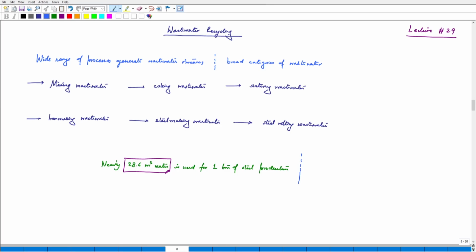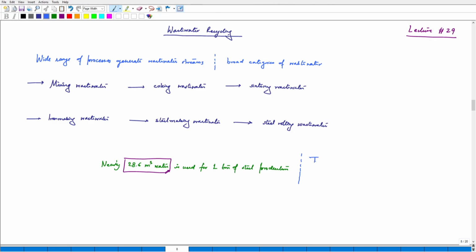So even if we consider a given quantity of water is used and we have some losses in evaporation, still the water can be recycled. So releasing of water is definitely not an option, at least untreated water.